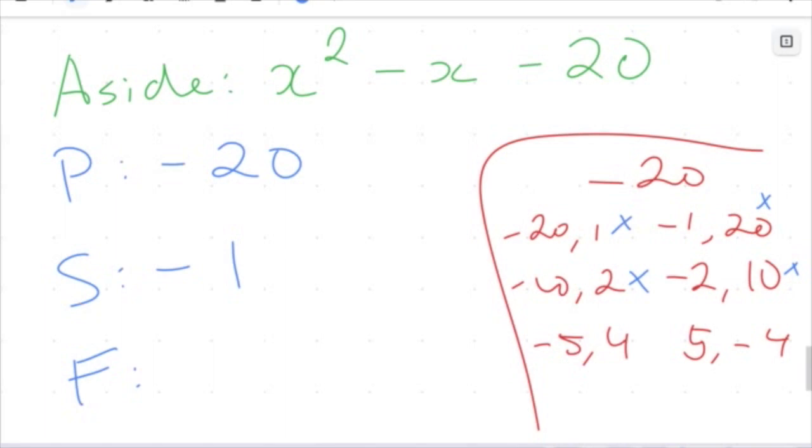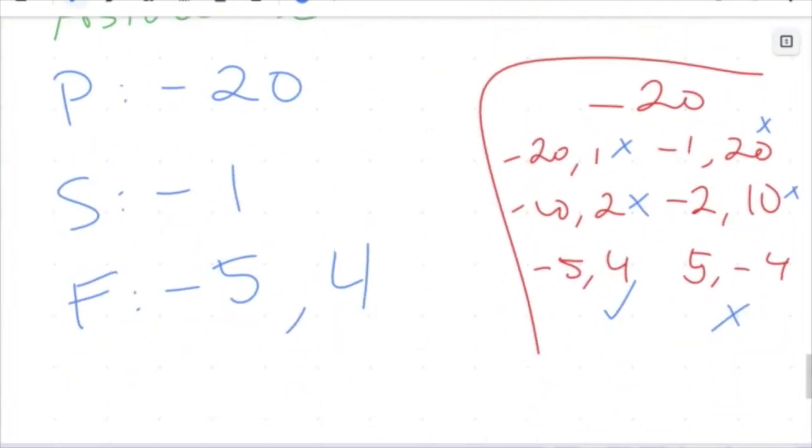Now, if I take 5 being the positive number and subtract 4 from it, I get positive 1, so it's not going to be that. And this is where I was saying the number with the bigger magnitude, so the 5, should be the negative, because we are expecting a negative in the sum. So those are the factors we go with. Here I have negative 5 and positive 4.